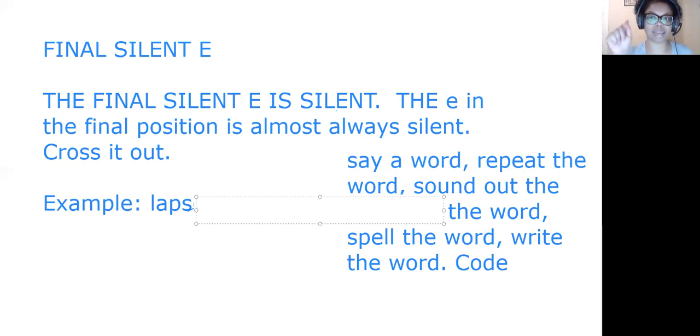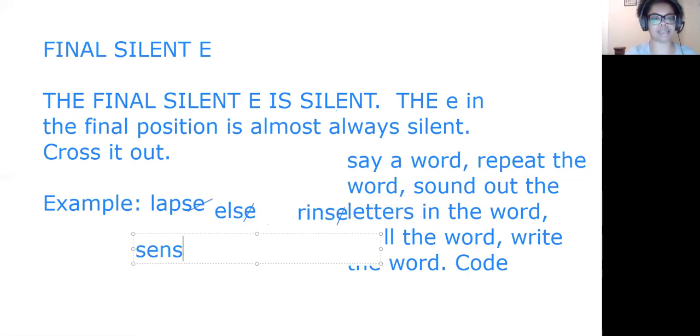When we're writing it and coding it, you will code it with a line on that E in the final position because you don't hear it. Let's go ahead and write it. S-E-N-S-E. How do we code that E in the final position? With a line drawn through it. Why? Because it is a final silent E. Good job. Let's do another one.